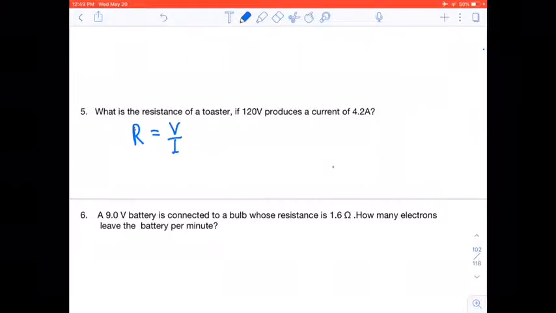And then the voltage is 120 volts, and the current is 4.2 amps. And that gives us 28.57 ohms. Okay, so that is the resistance of the toaster.